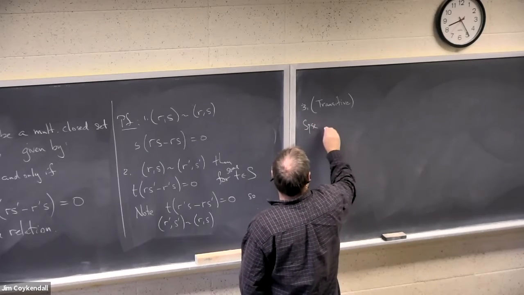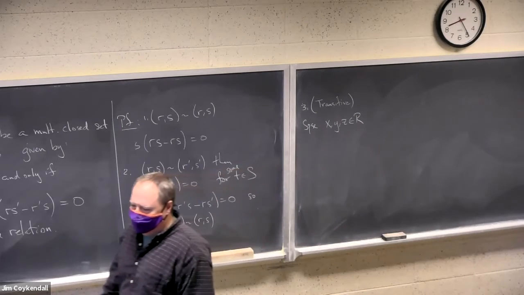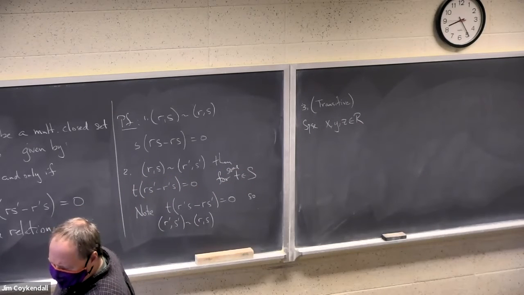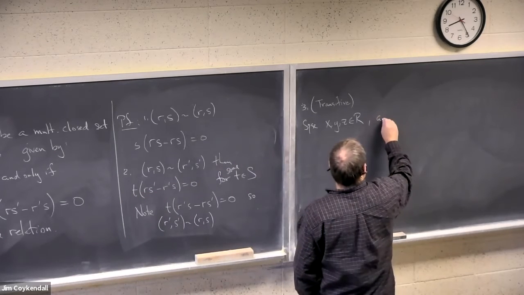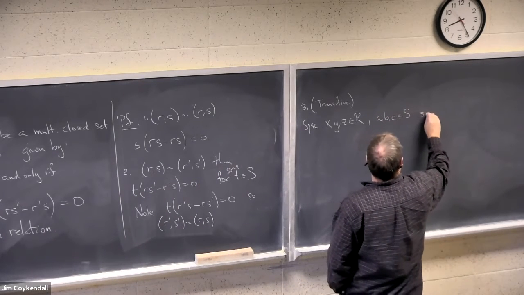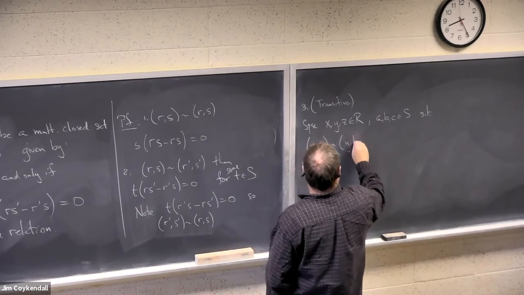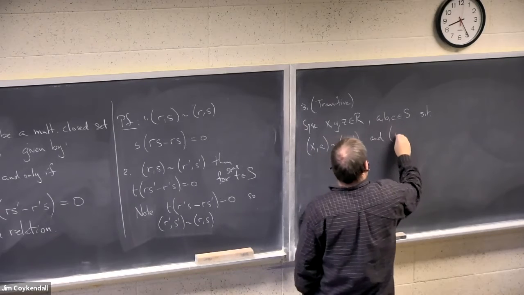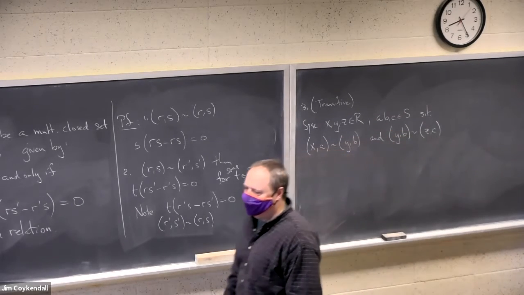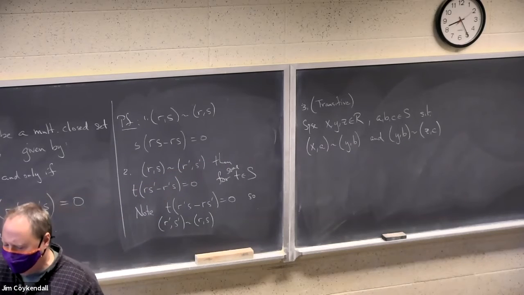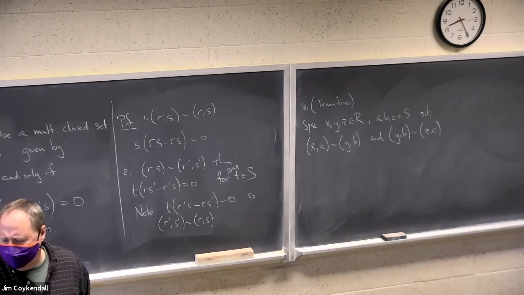Suppose a/b, x/a... let's say a, b, c are in S such that x over a is related to y over b, and y over b is related to z over c. Now, of course, for the transitivity, I need to show that x over a is related to z over c.